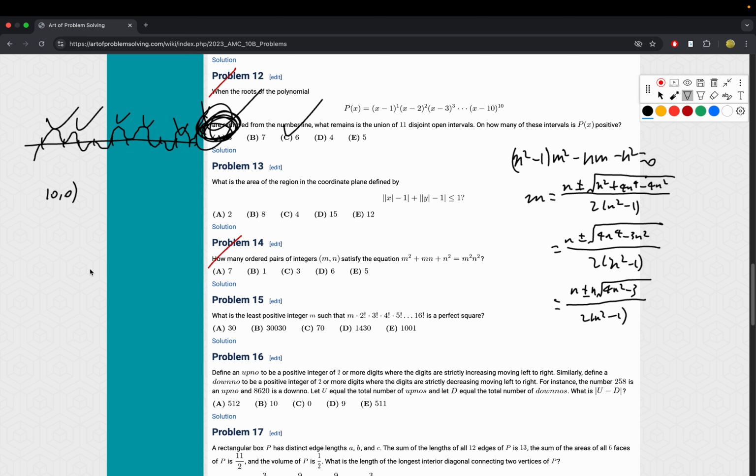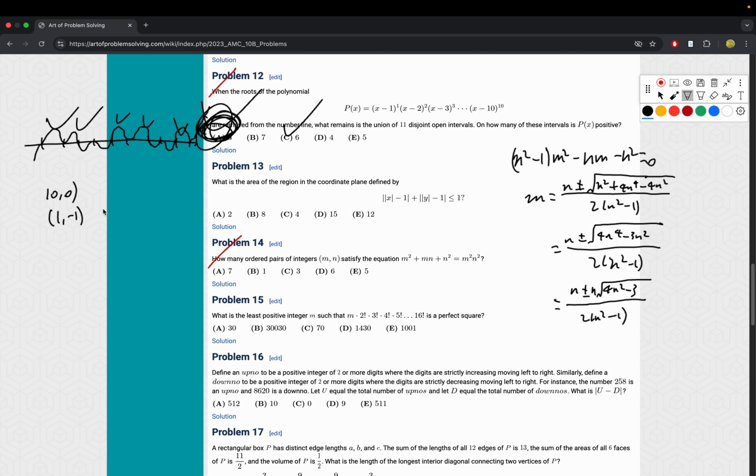Okay, so when m equals 1, it does not work. Unless, no, it doesn't work. When m equals 1, n equals -1, so 1 comma -1 works.